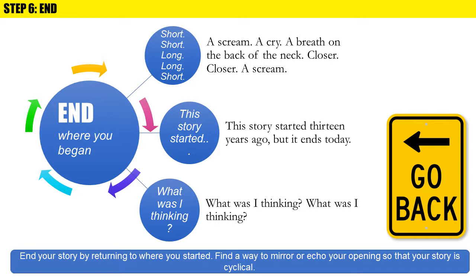Even though none of these endings are true endings to the story itself, by going back to the start they create a sense of finality that makes the ambiguity powerful rather than unsatisfying. Practice this. Look at your opening and ask yourself how you could echo or mirror this. How could you bring your story full circle?